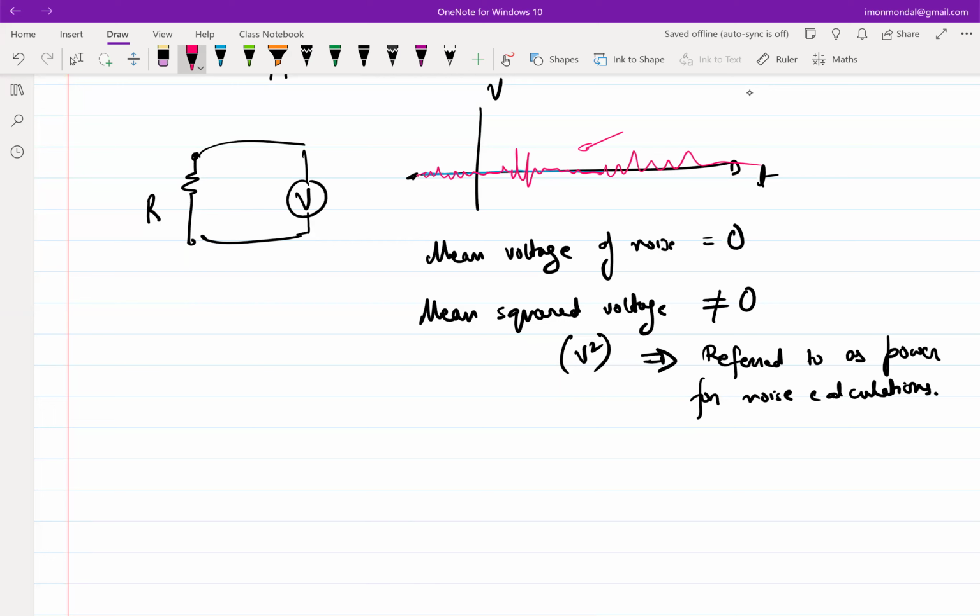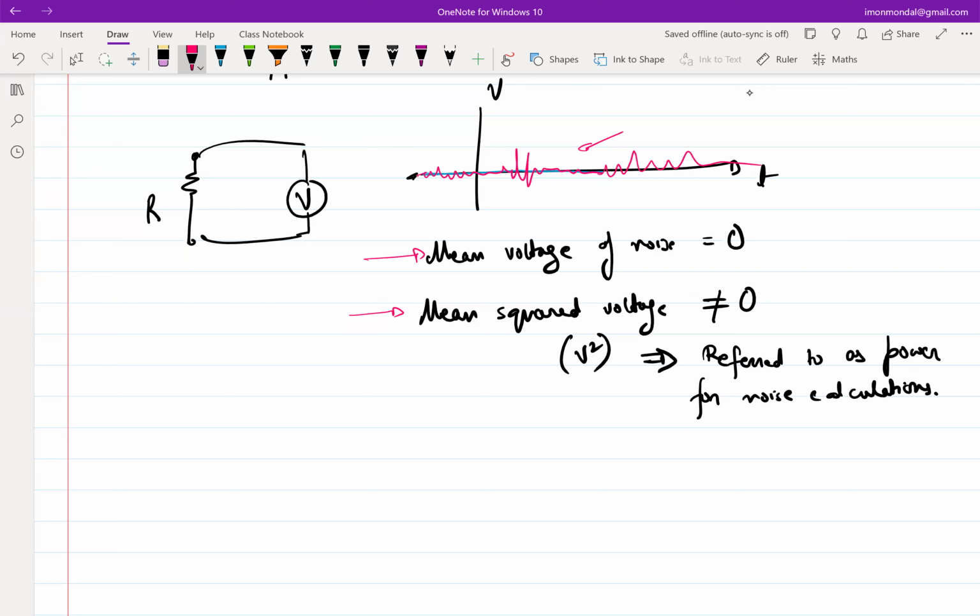And then you observe the mean, and you observe the mean squared voltage, right? So you have data, you store the data, and you do a math operation on it. You are going to get mean voltage to be 0, and you are going to register some mean squared voltage, okay? You do this operation again, maybe tomorrow, right?